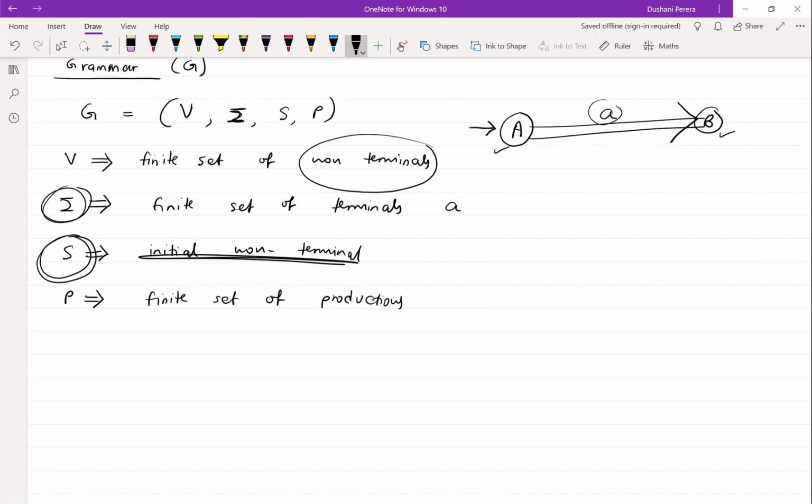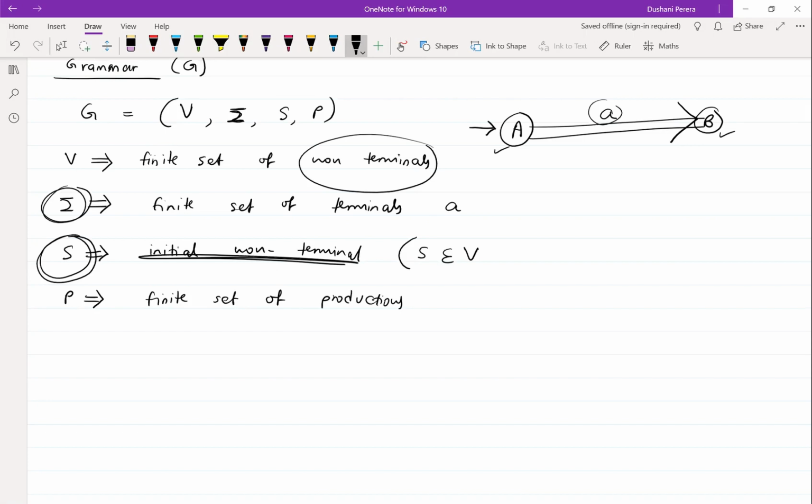So you understand that S should be there in the set V. S should be an element of V.